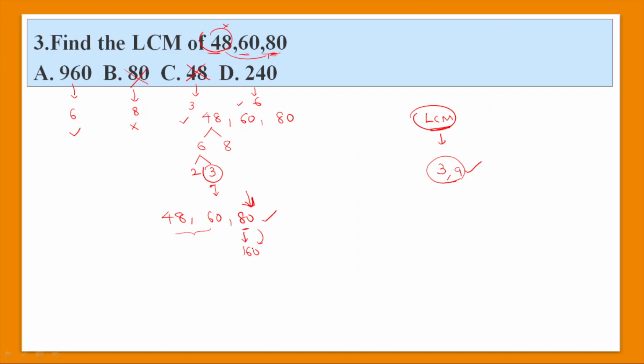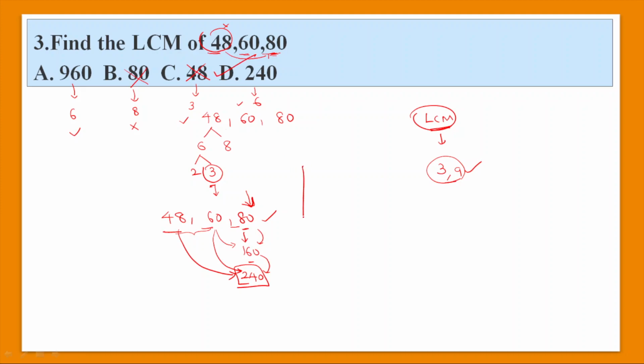The double of that number will be 160, but 60 is not divisible by 160 here. So let us go for one more multiple of 80, which is 240. I can clearly say that 60 is exactly divisible by 240, and 48 is also exactly divisible by 240. So the LCM of 48, 60, 80 will be 240. This is the easiest way.